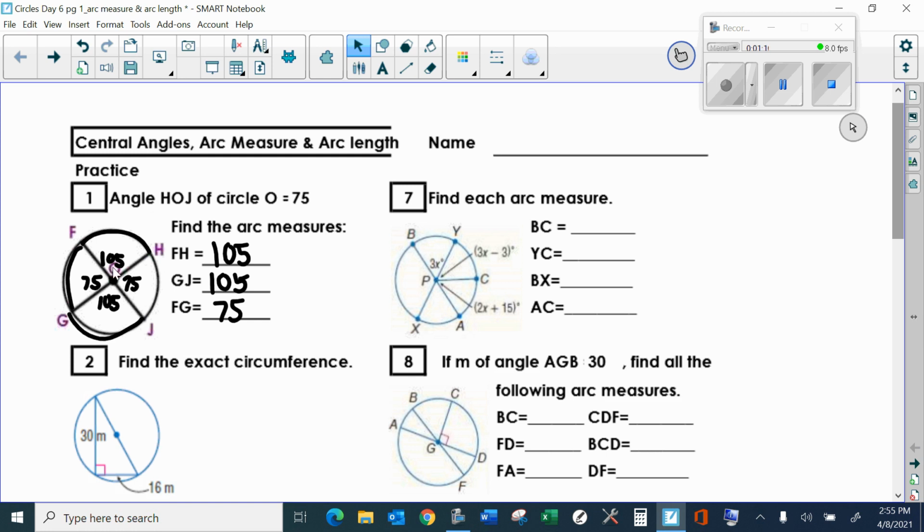Find each arc measure. Now, that was with numbers. Now we have some algebraic expressions doing the same idea. Well, what I can see right here, I can move this 3x across to right there if I wanted to, if I want to talk about this diameter right here. Or I can just look at it as this is a diameter, and then I have this semicircle.